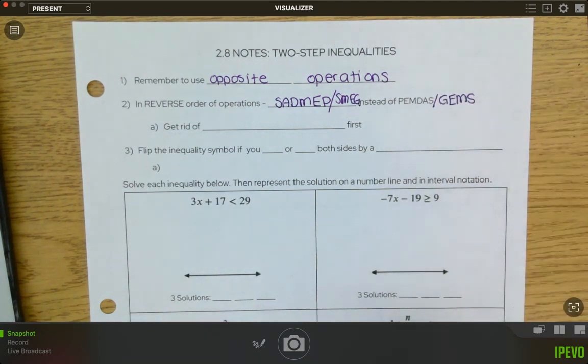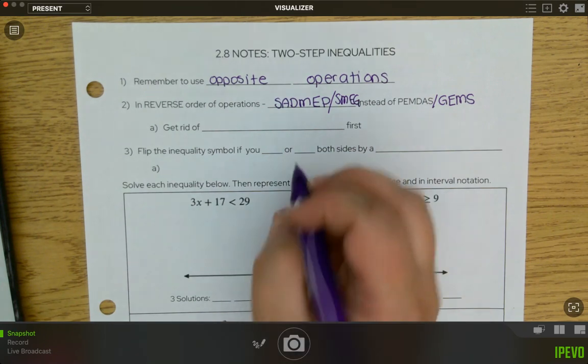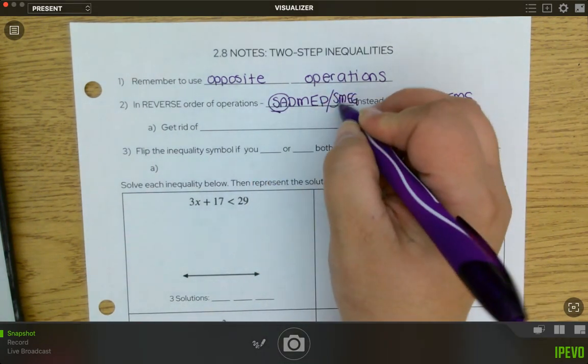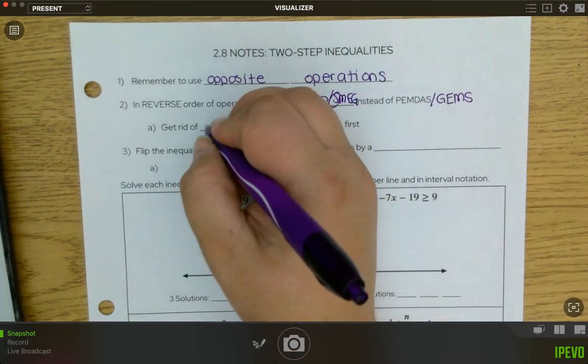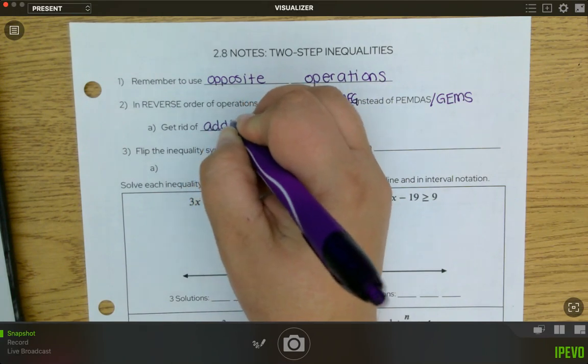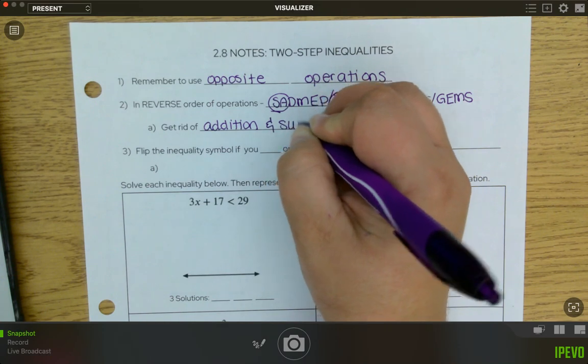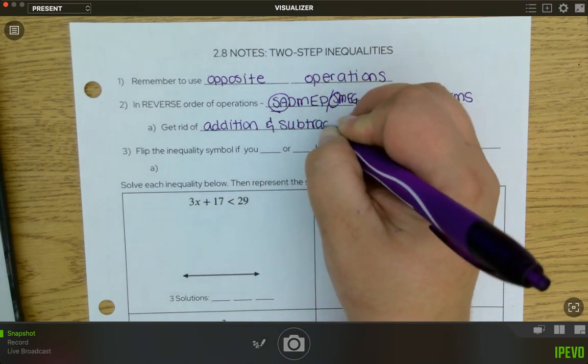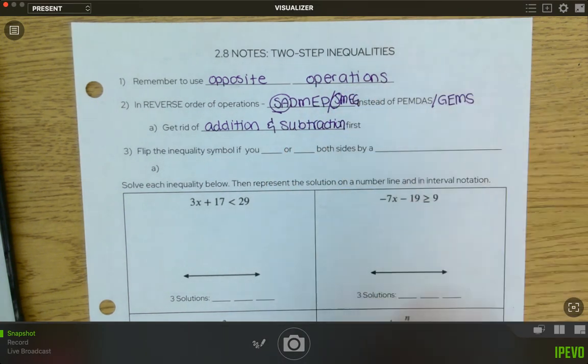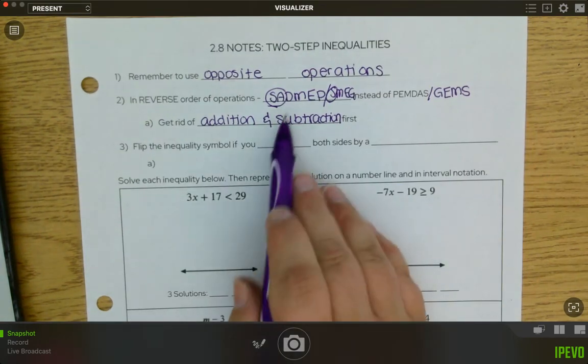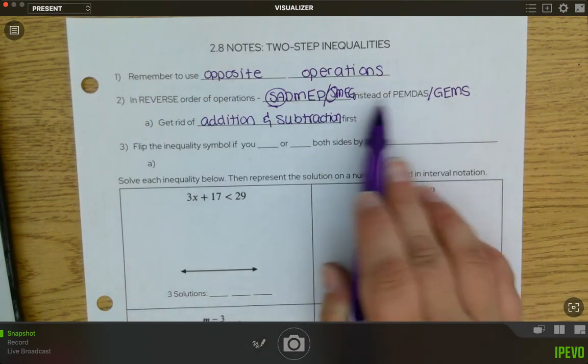So you're going backwards. This means that we are getting rid of addition and subtraction first. Okay, that means we're going to also multiply and divide second.